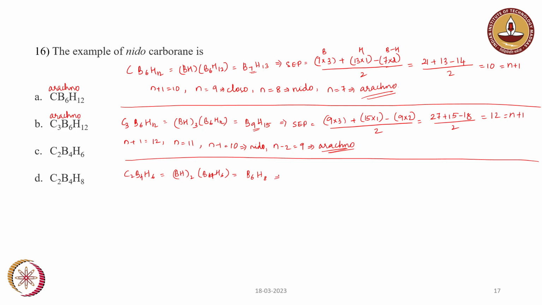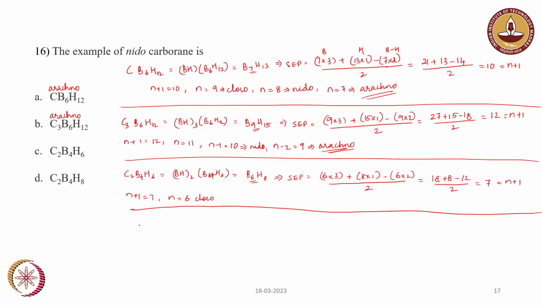Skeletal electron pairs will be equal to 6 into 3 plus 8 into 1 minus 6 BH units, 6 into 2, divided by 2, which is equal to 18 plus 8 minus 12, divided by 2, which is equal to 7. So n plus 1 equals 7, which means n equals 6 is closo, and we have B6, so this one is closo.